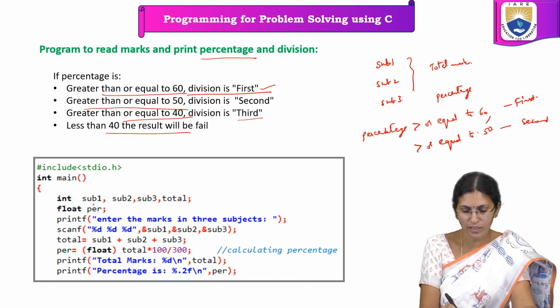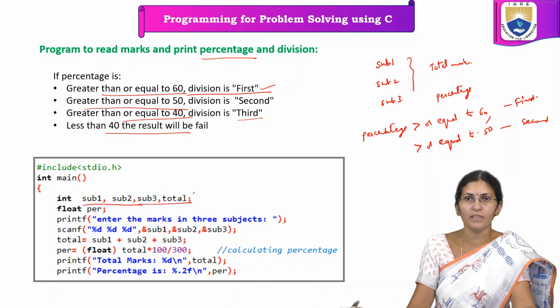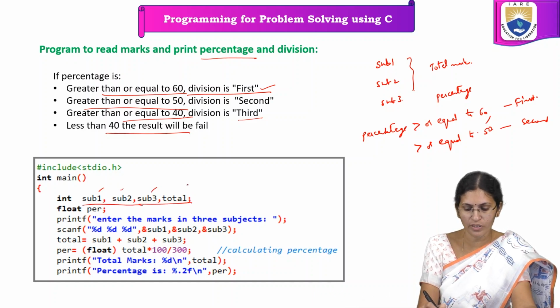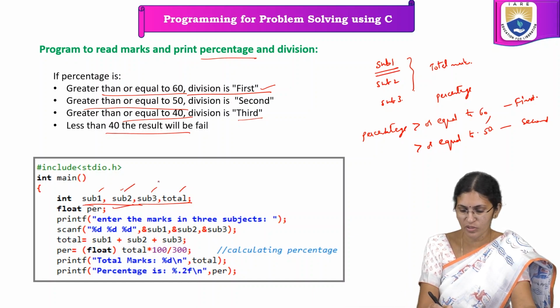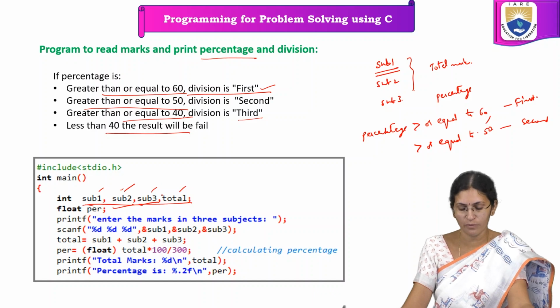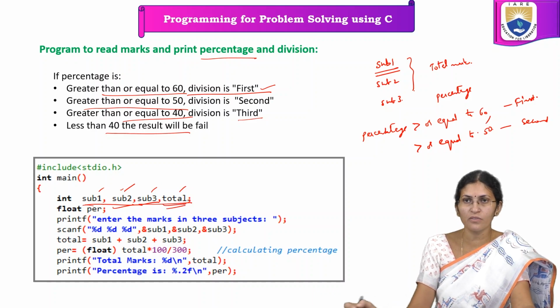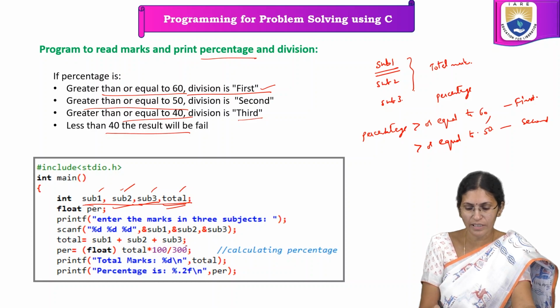First we need to declare the variables subject 1, subject 2, subject 3, and then total. SUB1 is to read the subject 1 marks, SUB2 is to read the subject 2 marks, and this is subject 3 marks. In the total variable, we'll store the total marks of all the 3 subjects, just by adding all the 3 subjects.